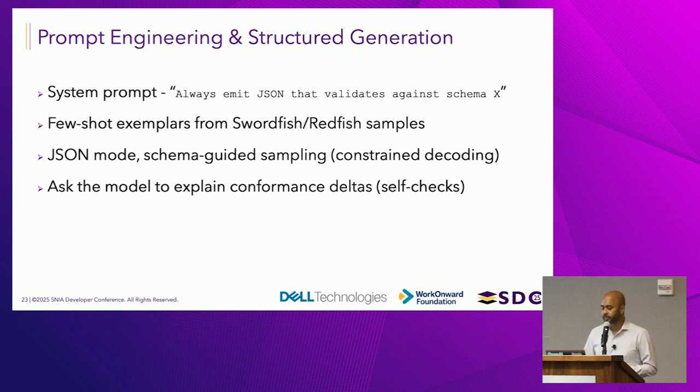That's one of the ways, and we can also provide JSON mode schema guided sampling for constraint decoding. And as usual, we will be performing validation using the conformance checks, which we can do like a self check.